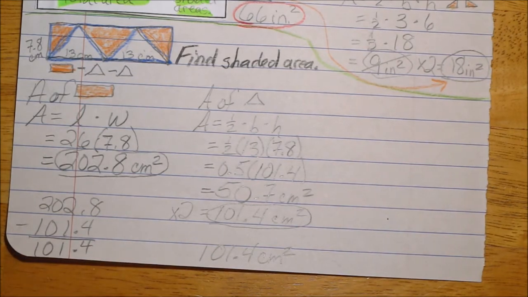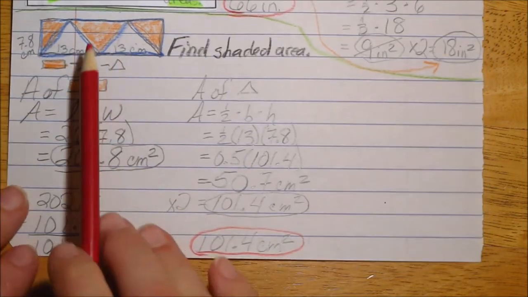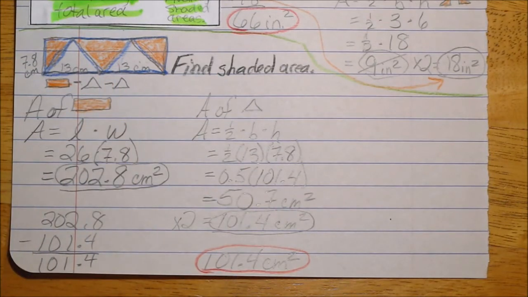So the total of the shaded area only on this composite figure is 101 and 4/10 of a centimeter squared.